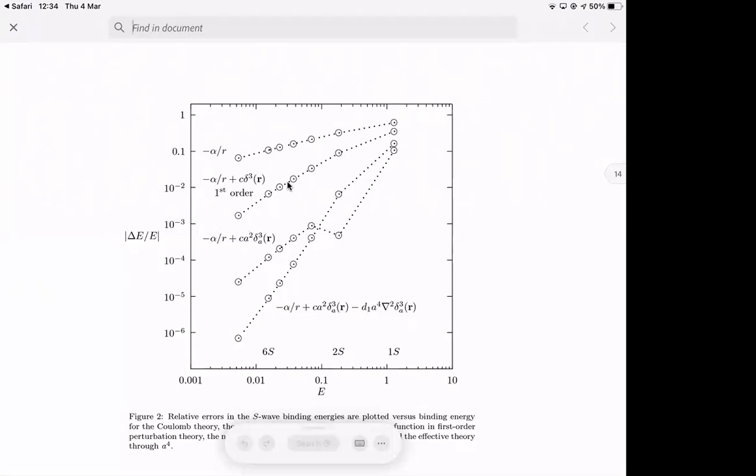But the number of parameters in your fit was exactly the same. You only were careful enough to exclude the high momentum scale. But then you add only one more term, and you get an error for the lowest energy state that is 10 to the minus 6. And it remains less than 10 to the minus 2, except for the ground state.